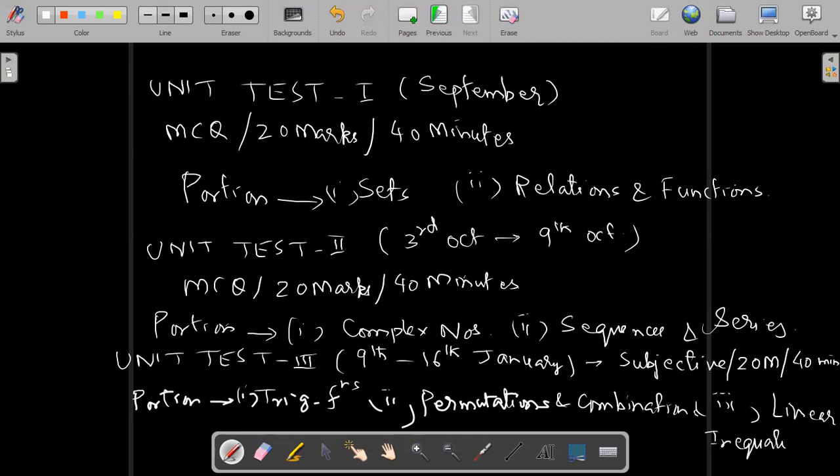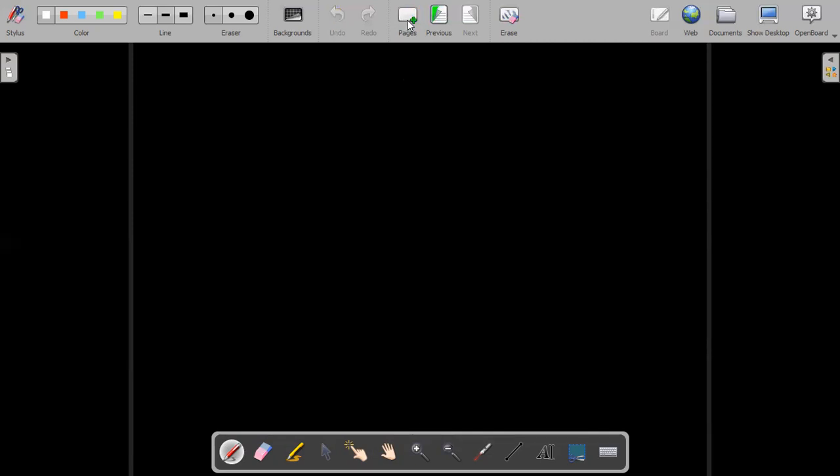Okay, this is unit test 3, means term 1, and term 2, trigonometric functions.